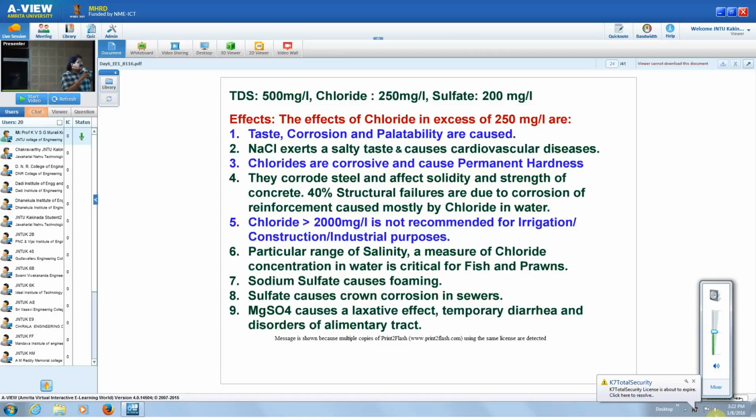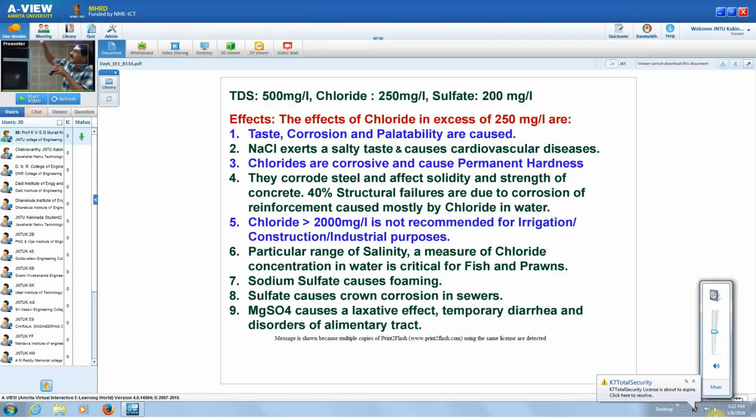Now sulfate causes crown corrosion in sewers. When wastewater is carried by a pipe, it is called a sewer. The sulfate present in it is converted by bacteria to H2S. H2S reacts with H2O and forms H2SO3 and eats away the crown. Crown means the top portion of the sewer.